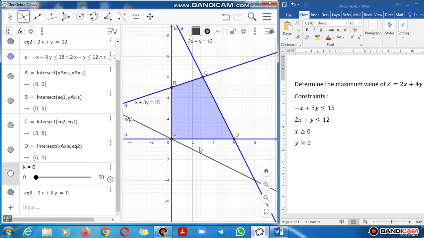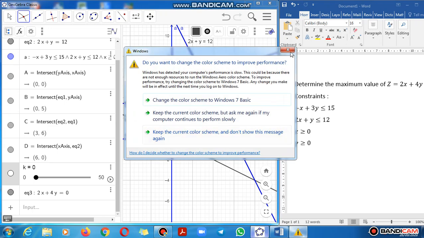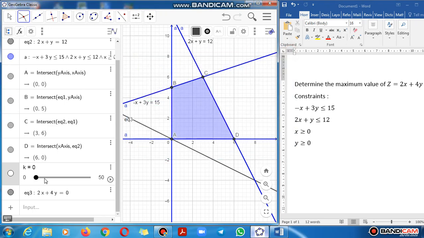And then we will start the motion of this line. At the point A (0, 0), we get the value of the objective function is 0.